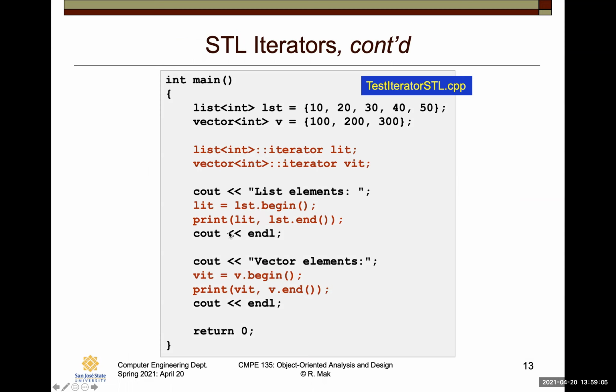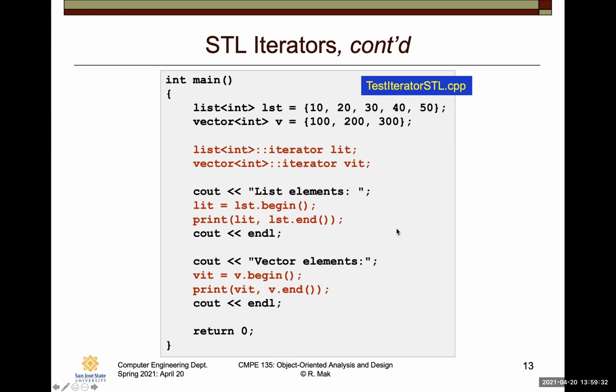You actually declare this iterator data type using the data type of the container, and then using the scope resolution operator, you say, I want an iterator for this container. And so this in effect is creating the iterator for us.